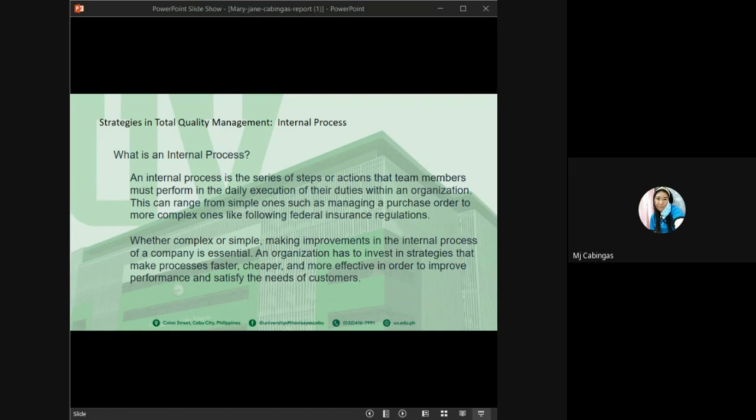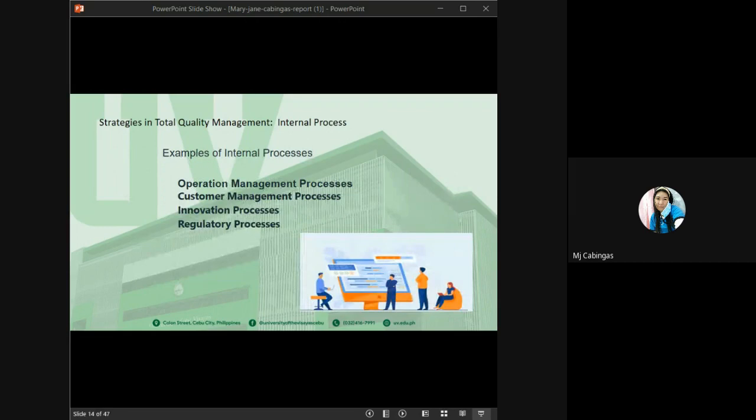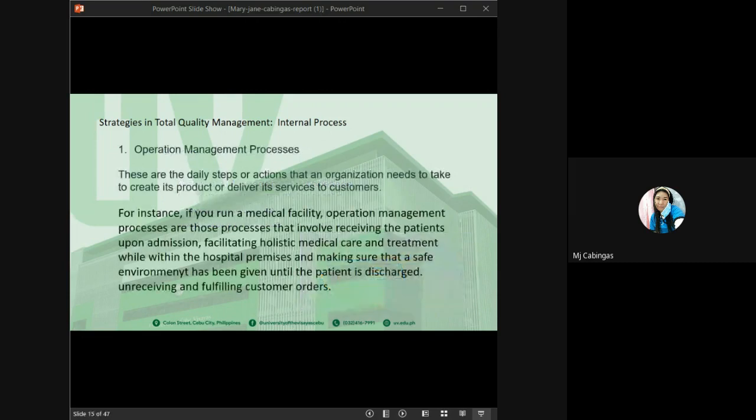Next slide, ma'am. So, examples of internal processes: operational management processes, customer management processes, innovation processes, regulatory processes. In operation management processes, these are the daily steps or actions that an organization needs to take to create its product or deliver its service to customers.